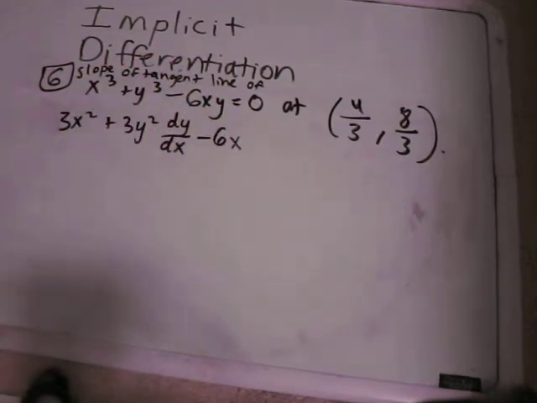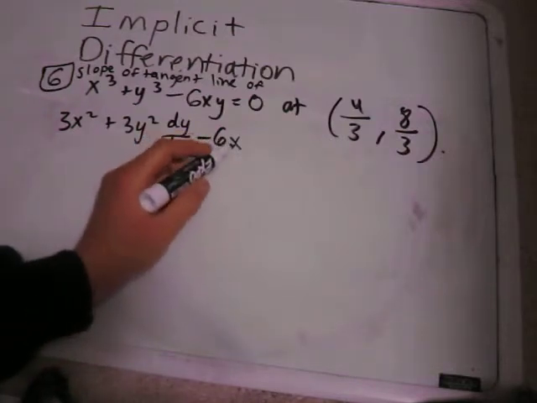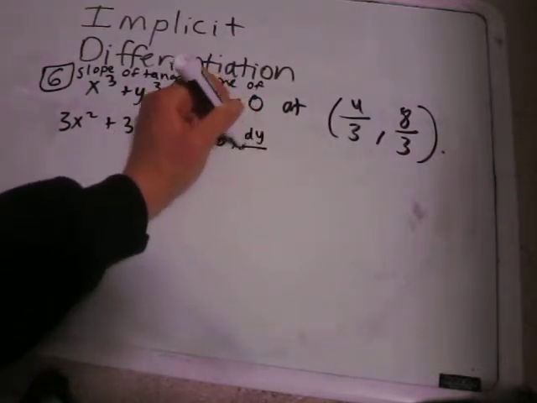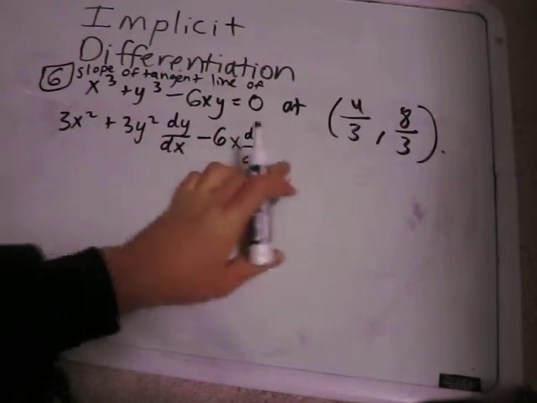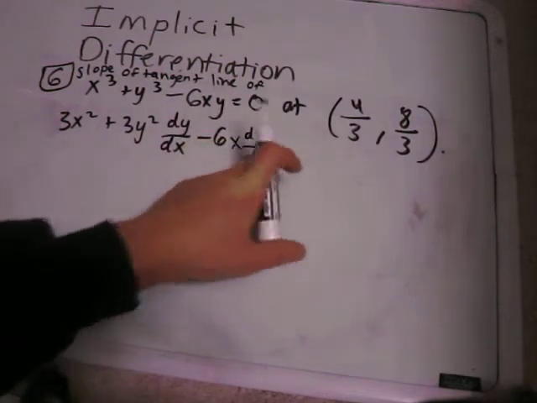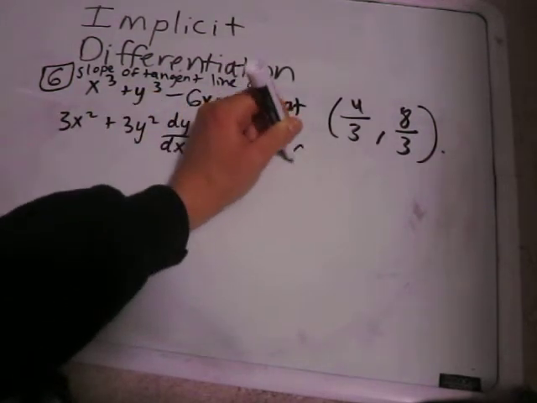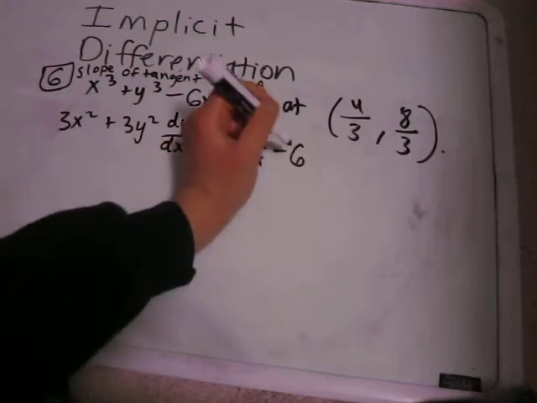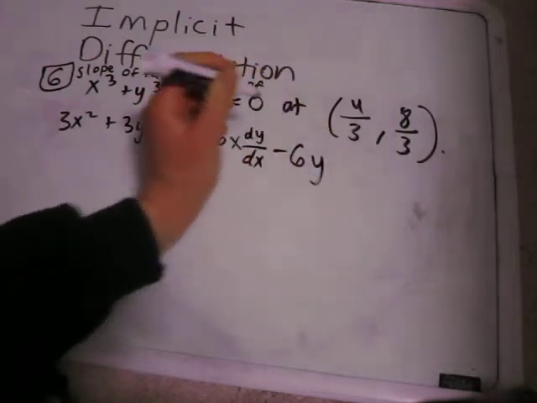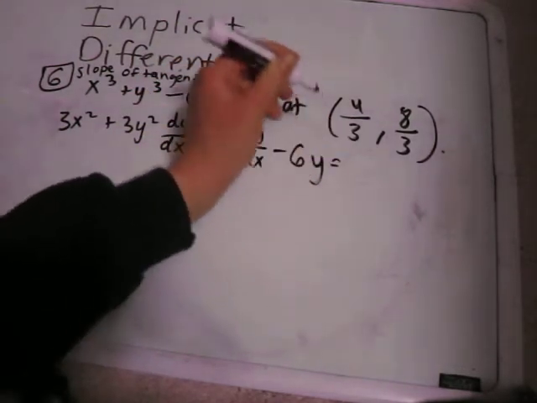We're going to do the product rule here: the first times the derivative of the second, and I'm just going to distribute that negative and the 6, plus the derivative of the first times the second, equals 0.